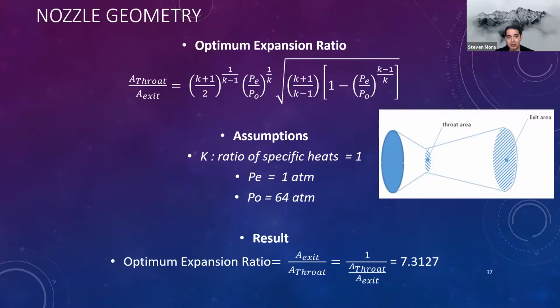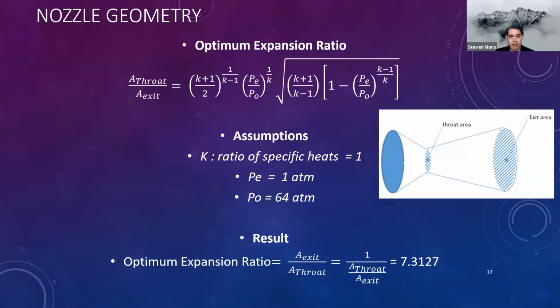This equation allows us to find a ratio between the cross-sectional area of the throat, specified here by the dashed blue area, and the area of the exit nozzle, depicted here on the figure on the right. We use this equation to figure out the optimum expansion ratio.